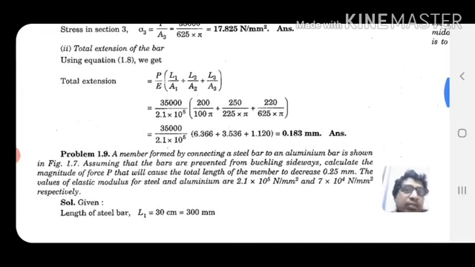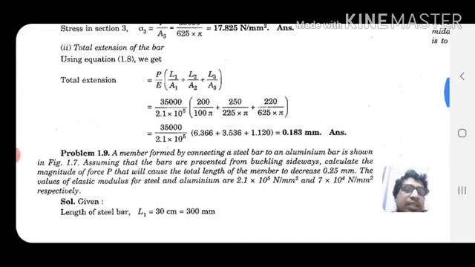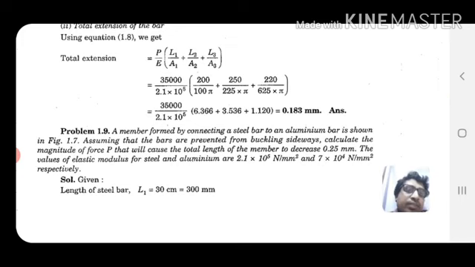Therefore, total extension is P by E, L1 by A1 plus L2 by A2 plus L3 by A3. 35,000 divided by 2.1 into 10 to the power 5, into 200 divided by 100 pi plus 250 divided by 225 pi plus 220 divided by 625 pi.